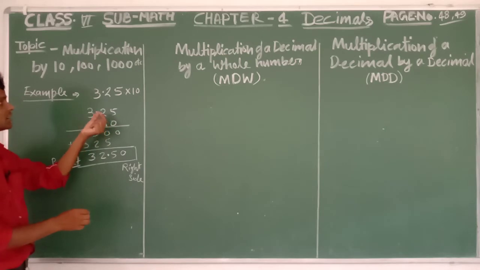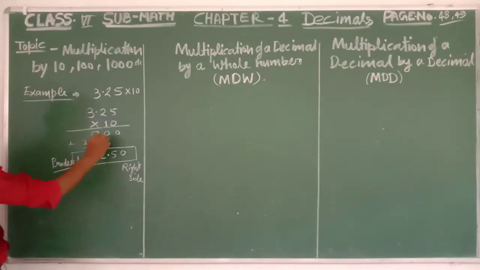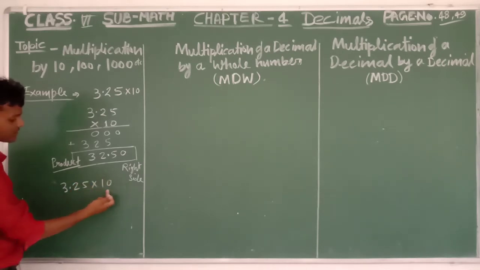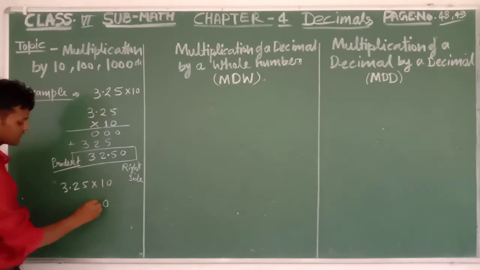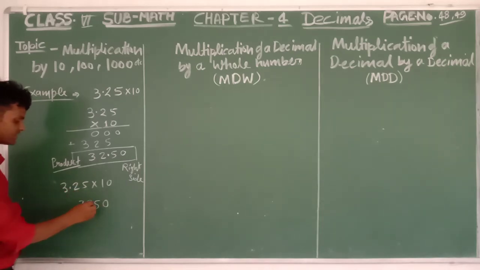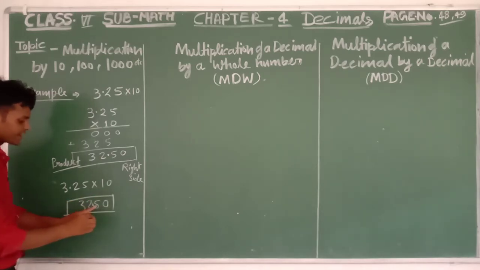You can do it this way, and your technical way to find the product in 2 seconds. I will explain for you. You write here 3.25 multiply 10. You look here 1 0 and you write 1 0 and you write the same number, and you count the decimal places, 1 2. You write here 2. You got 32.50.